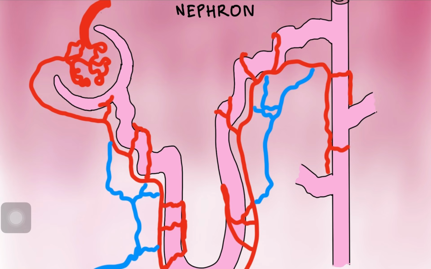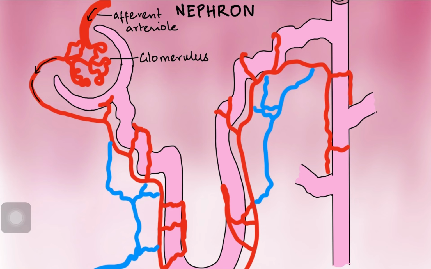Let's talk about the nephron structure in detail. I have magnified this nephron. I drew this diagram for you guys. So each nephron gets a thicker blood vessel known as the afferent arteriole. This afferent arteriole makes minute capillaries known as the glomerulus. Glomerulus.